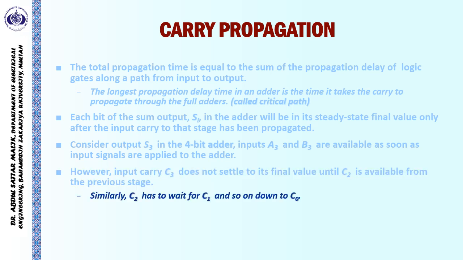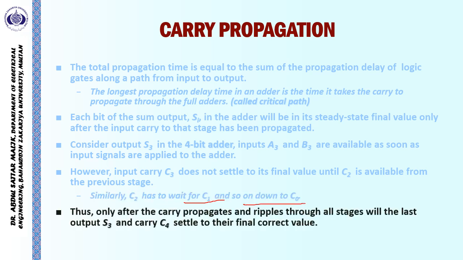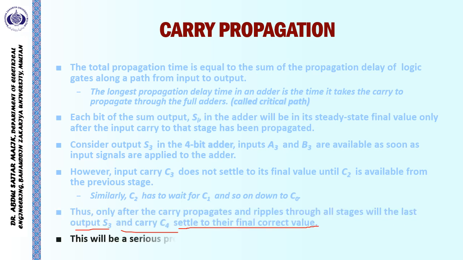Similarly, C2 has to wait for C1 and so on down to C0. Thus, only after the carry propagates and ripples through all stages will the last output S3 and the carry C4 settle to their final correct value.